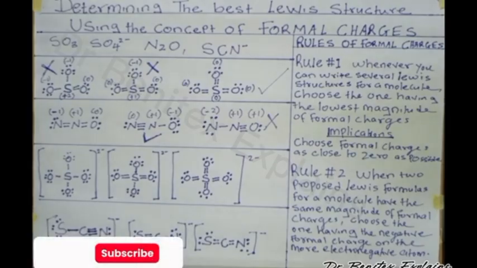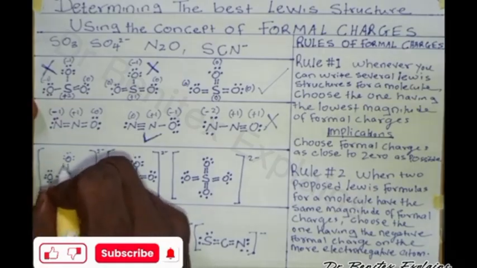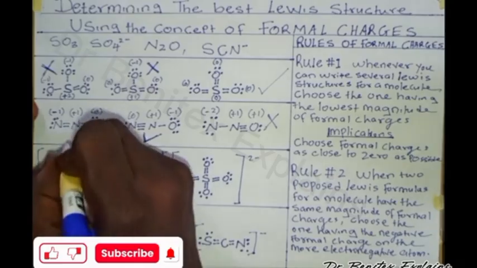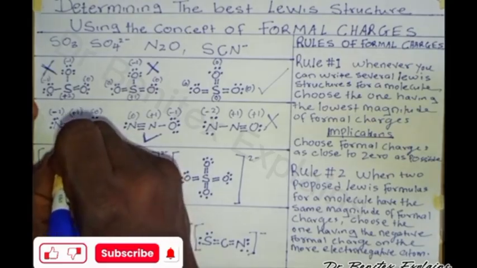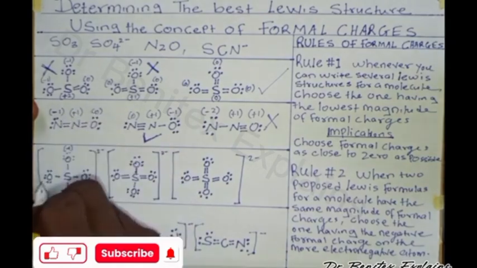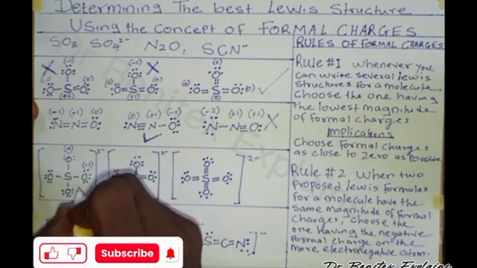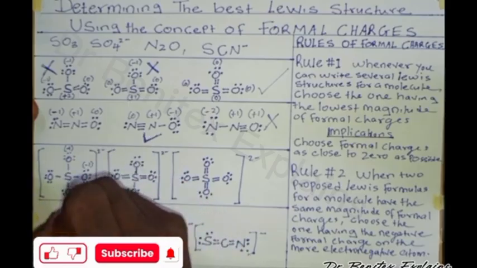Now, from this structure here, we can see that the formal charge here is -1. It's -1, okay. The formal charge here is also -1. Don't forget, oxygen with a single bond is -1. Here is -1.